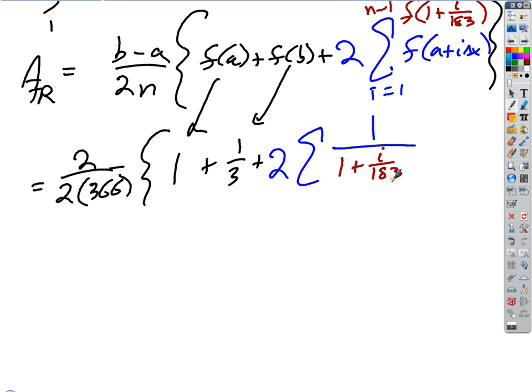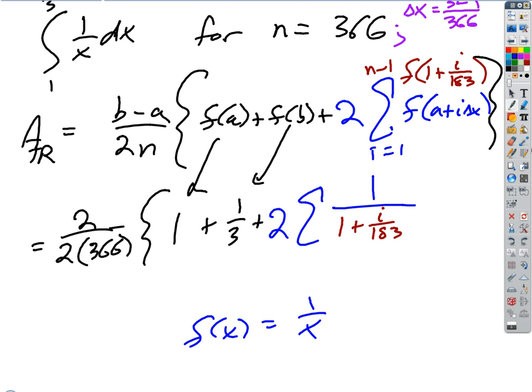Remember f of x equals 1 over x, so f of 1 plus I over 183 is 1 over that. Okay, and we're going to add that, you told me, from 1 to n minus 1, which would be 365. So this ends up being just a big calculator problem.